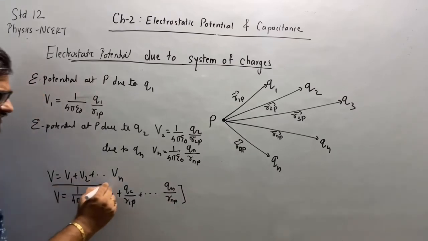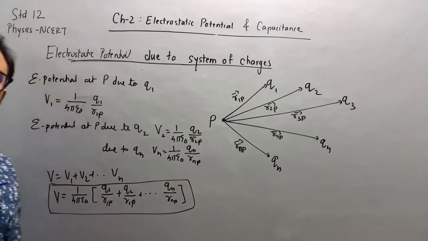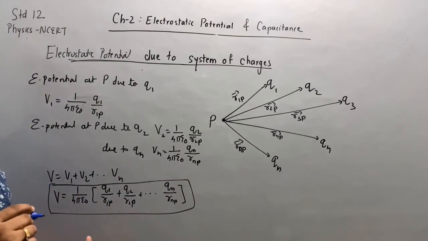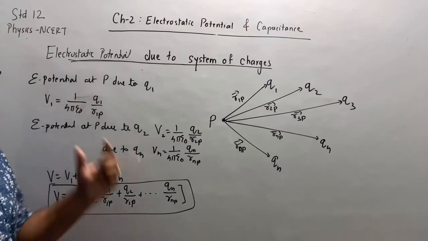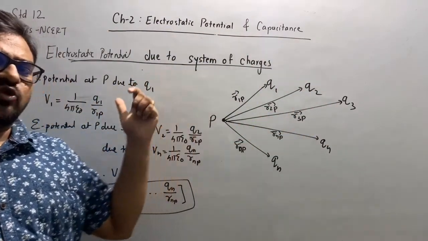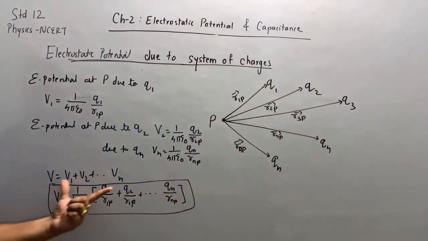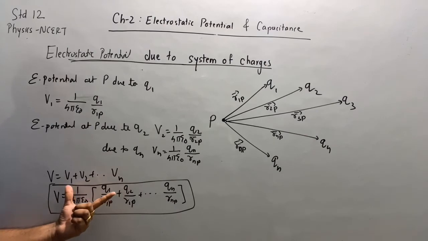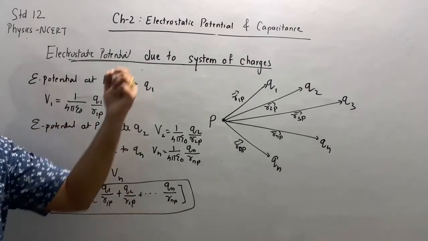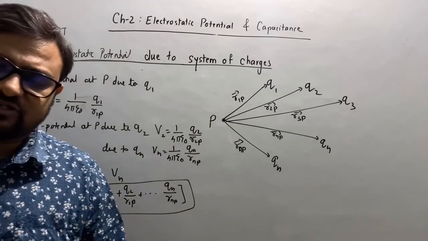This is the formula for electrostatic potential for a system of charges. What we did, we took n number of charges. The potential due to 1 will be 1 by 4 pi epsilon 0 q1 by r1p, for 2, for 3, and then we found the total potential, that is equal to the sum of potential due to each charge. So note down this derivation.